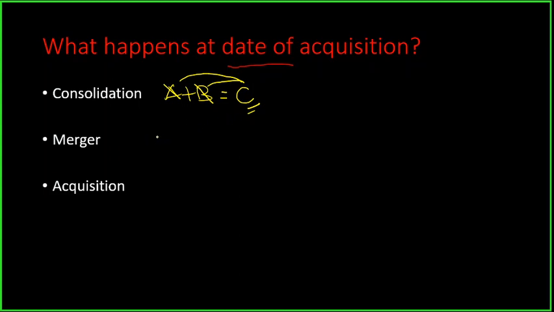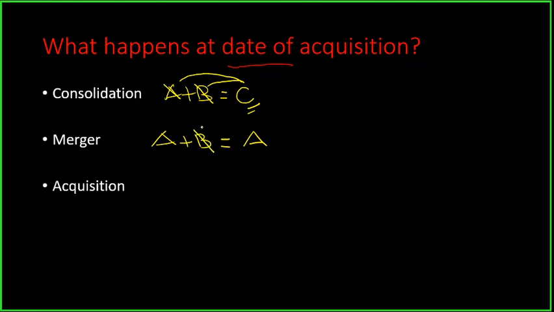What about for merger? For example, A and B, these companies, when they combine, let's assume that B will be dissolved and A will be the surviving company. So what will happen if B will be dissolved?